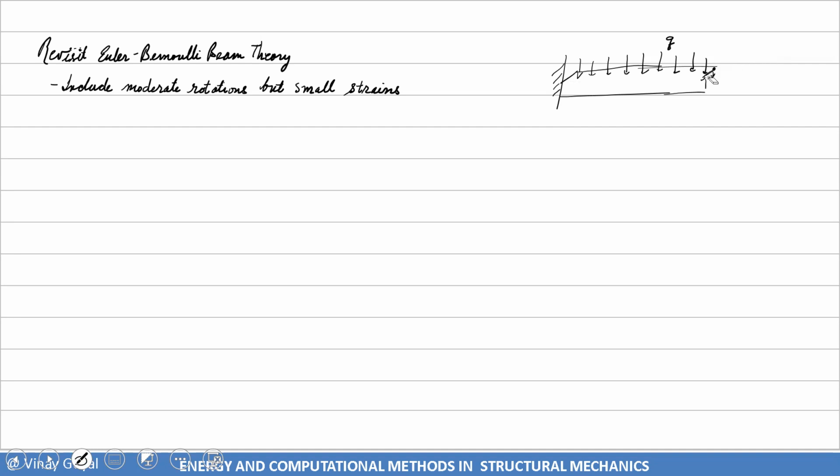It just makes things simpler, and we'll keep moving quickly. Just apply a top load there. And let's assume the elastic material has modulus E, the moment of inertia is I, and the cross-sectional area is A.